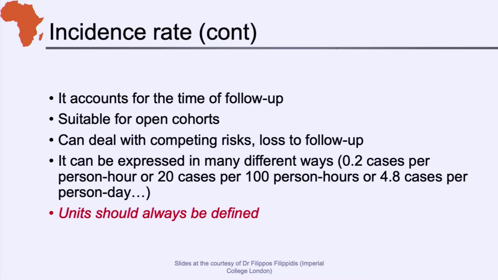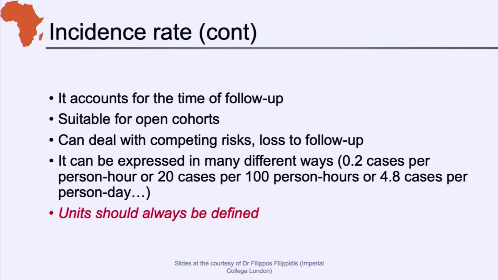Well done. The incidence rate helps us because it accounts for the time for follow-up. It is suitable for open cohorts. So say people come and join the class at some point, then we could still account for their person time and risk of developing CSD or the disease.